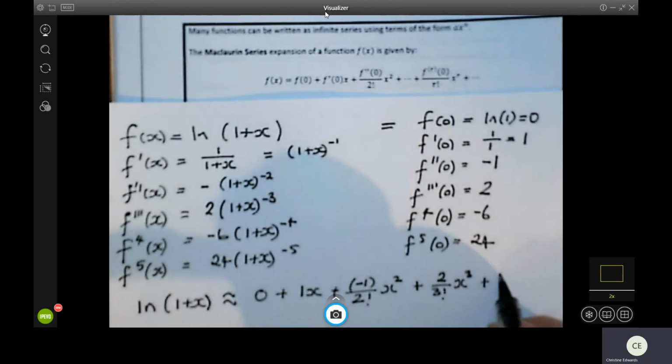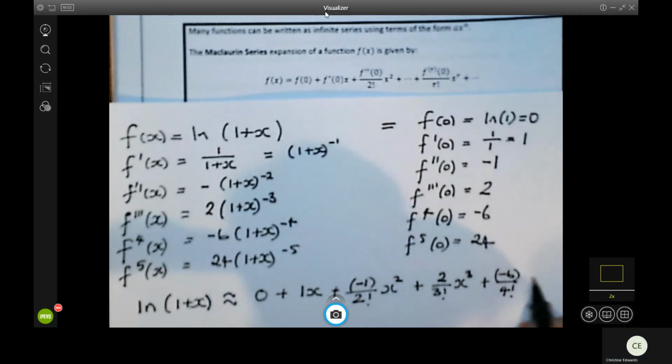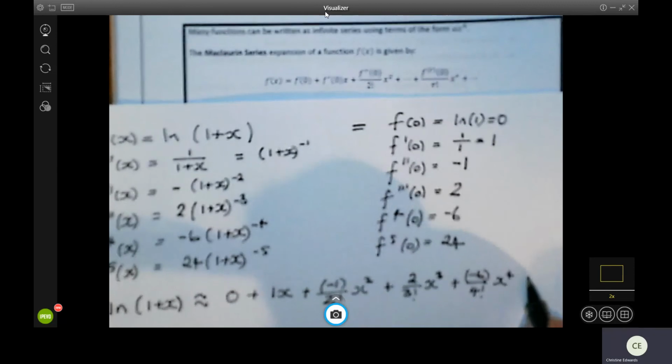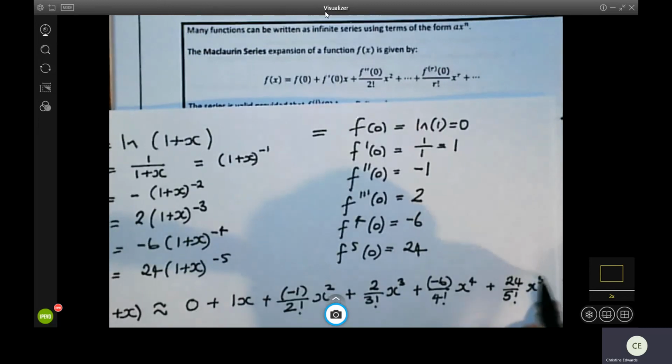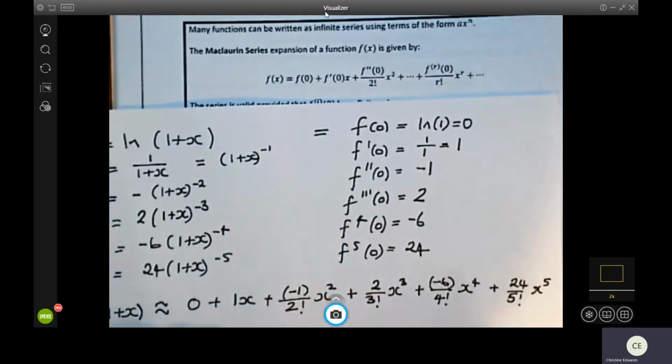Fourth derivative, minus 6 over 4 factorial x to the 4. And we're asked to go to the fifth, so that's 24 over 5 factorial x to the 5.